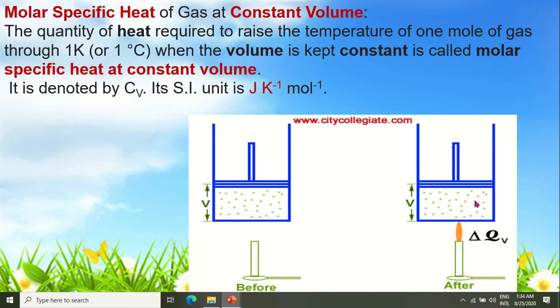So the heat which is supplied to the system is used to increase the internal energy, that means to increase temperature.